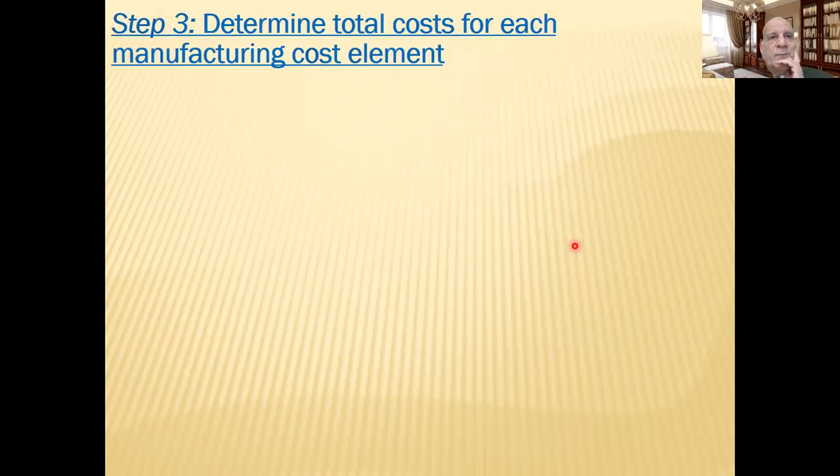Step number 3, determining total costs for each manufacturing cost element. The total manufacturing costs for each cost element, materials, labor, and overhead, include the current costs incurred and the costs of the units in work in process beginning inventory, both of these two.